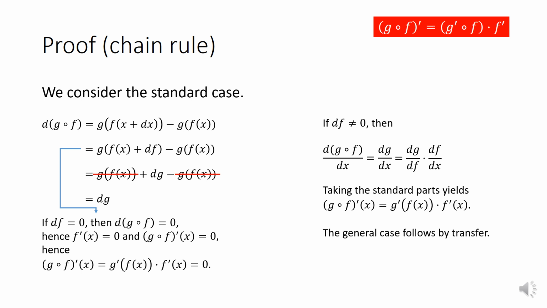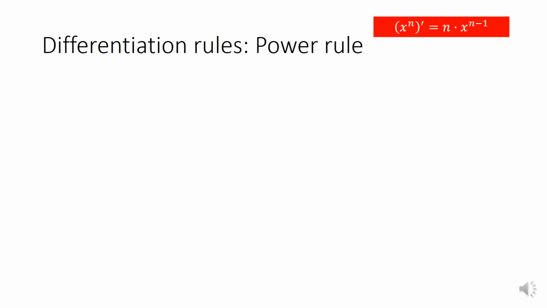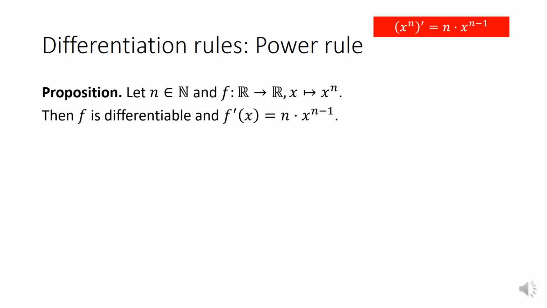In a similar way, you can prove other differentiation rules such as the reciprocal rule or the inverse function rule. The power rule states that the function f, which maps x to x to the power of n, is differentiable and its derivative is n times x to the power of n minus 1. We can prove this using mathematical induction.